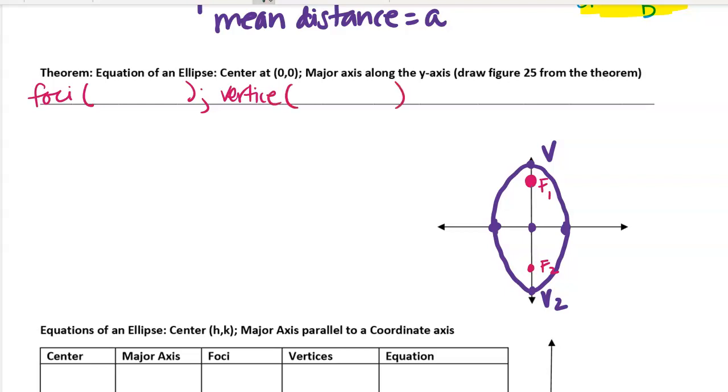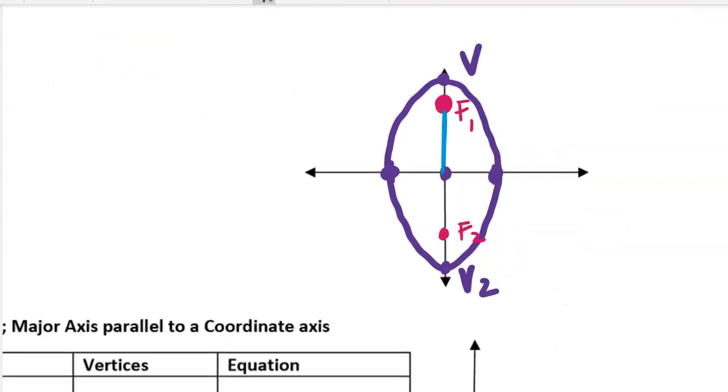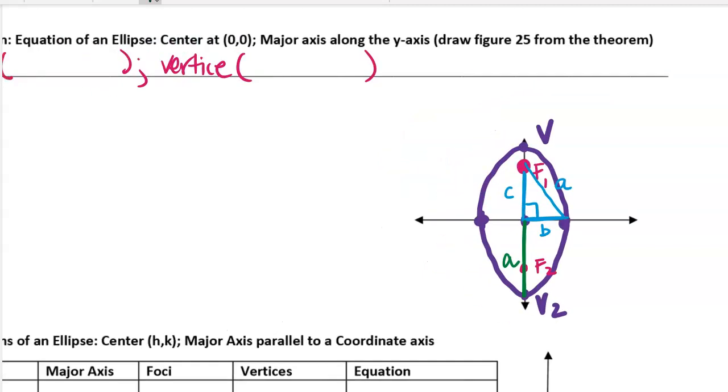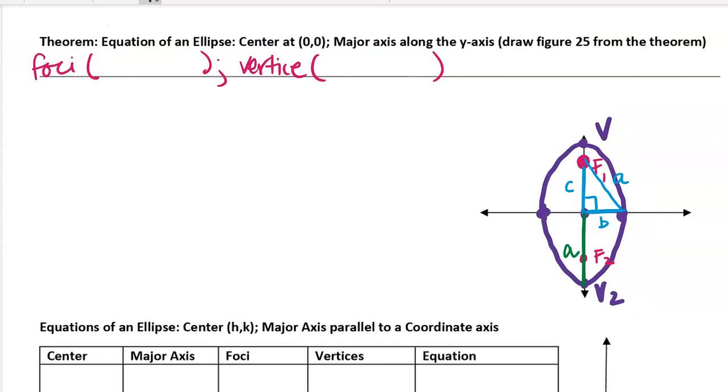Similarly, from the center to one of the foci, what is that length called? C. From the center to the minor axis, that length is called b. And then this one connects them, so that's always a. Doesn't matter the position, those will always be the same. And remember, a is also from the center to one of the what? Yep, that's also a.